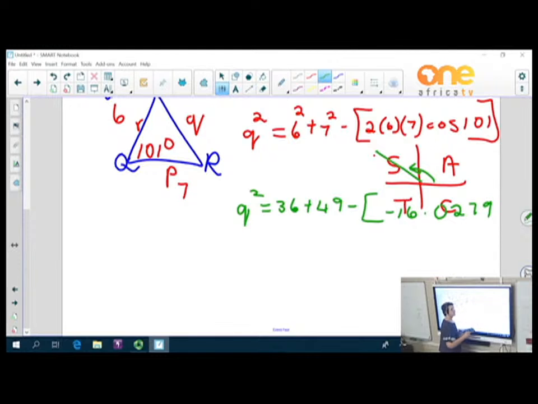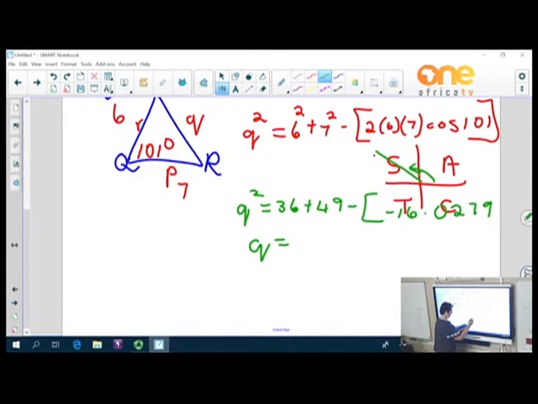Look at the negative. We shouldn't throw that away now. This is an obtuse angle, and that makes the difference there. So the next step is 36 plus 49. And now a negative times a negative is a positive 16.0279.